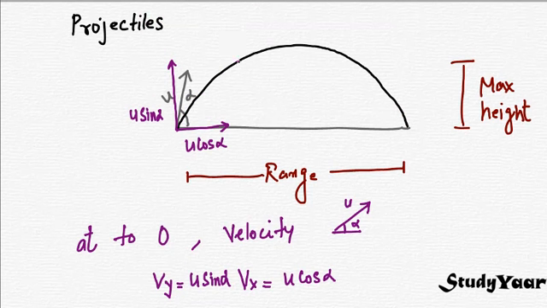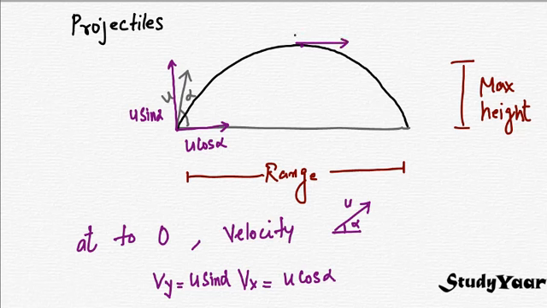What else do I know over here? I know that my velocity direction is always tangential to the path of the motion, right? So it's going to be like this, like this, like this. If you consider the highest point, at this point my tangent is going to be completely horizontal.